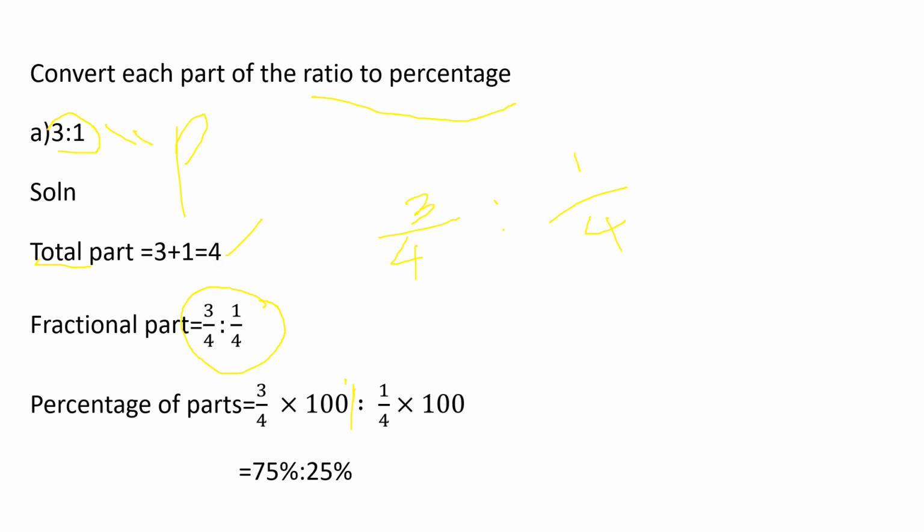So first, if they give a ratio and ask to convert it into percentage, first you add the parts. For example, 2 is to 1 means 2 plus 1, just add it.